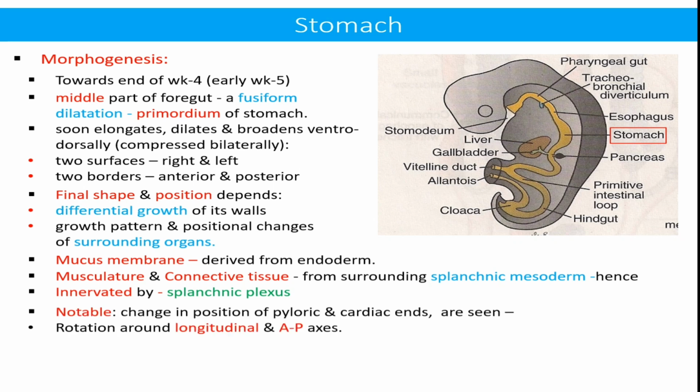A notable aspect is the change in position of the pyloric and cardiac ends, which are seen because of the rotation of the stomach around its longitudinal as well as anteroposterior axes.